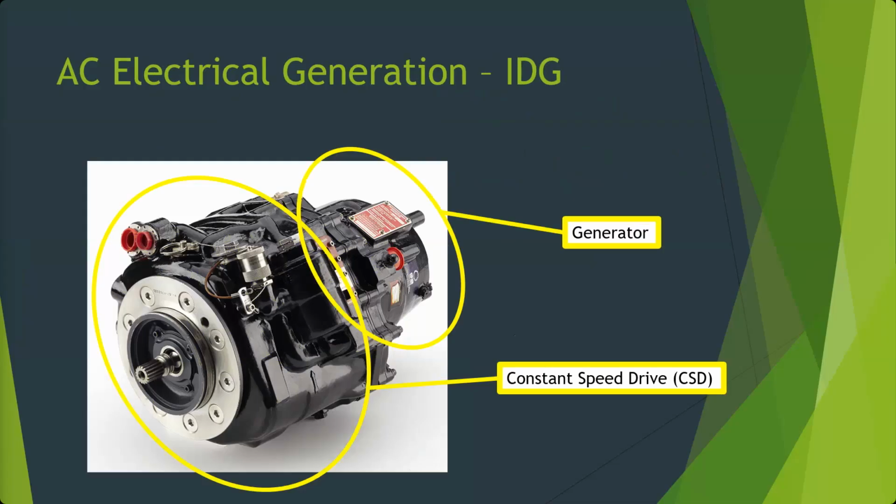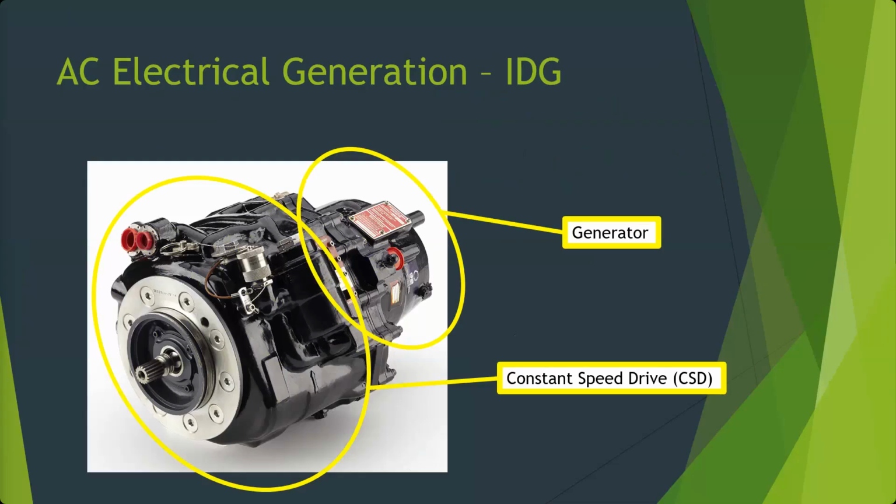In fact, when we would work with these on the aircraft, with the airlines, that kind of thing, we never changed just one or the other. They were always changed as a unit because this CSD, constant speed drive, and generator we didn't separate those. Those would be separated at like an overhaul shop or a back shop. It's very rare that a mechanic or a technician working on the aircraft directly is going to separate these.